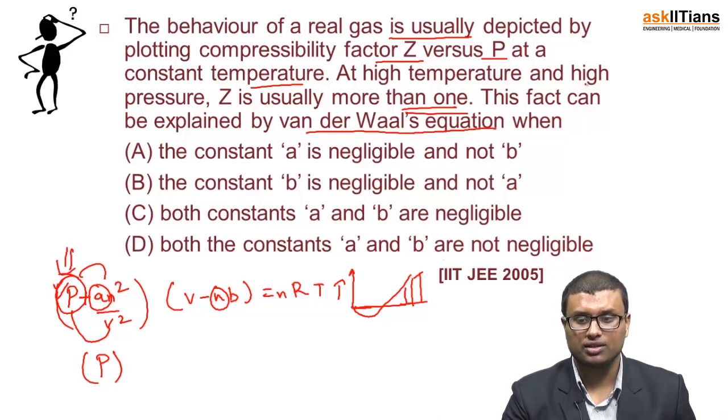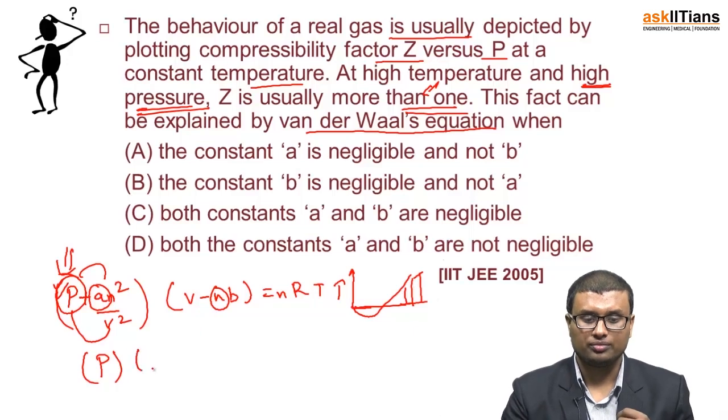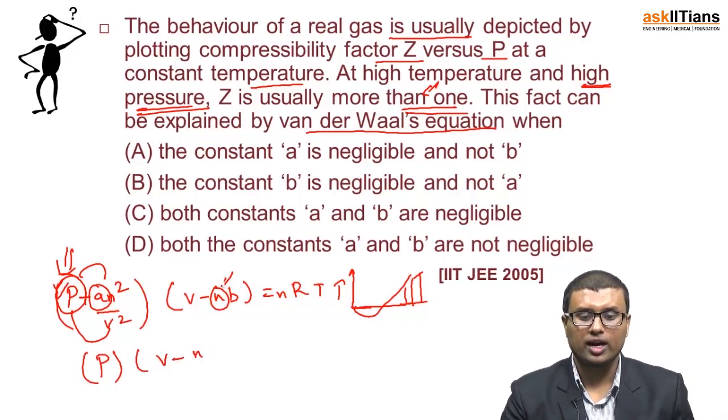Now V minus nb, obviously you can't neglect nb, because you can neglect nb at higher volumes, but here it is not higher volume, it is higher pressure. So nb still exists, and it will be equal to nRT.